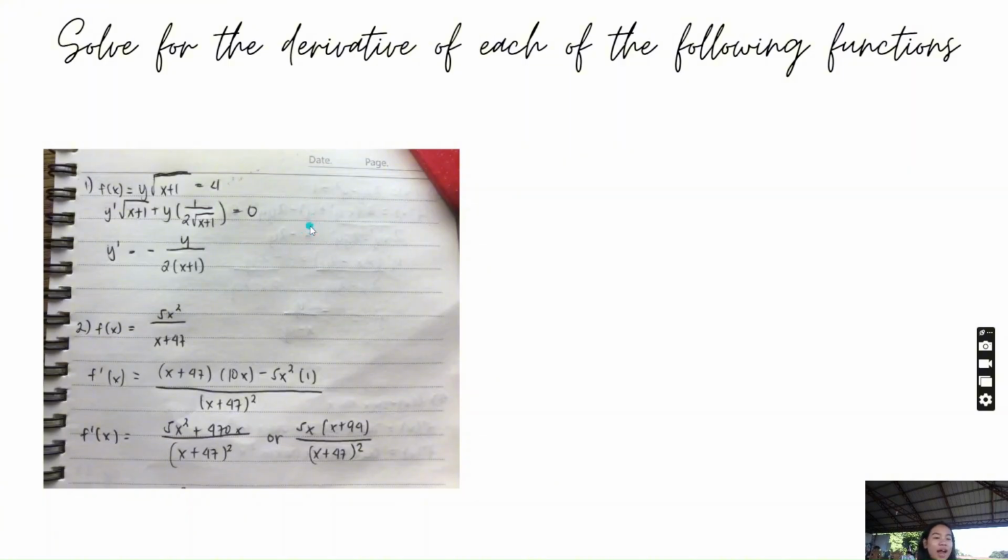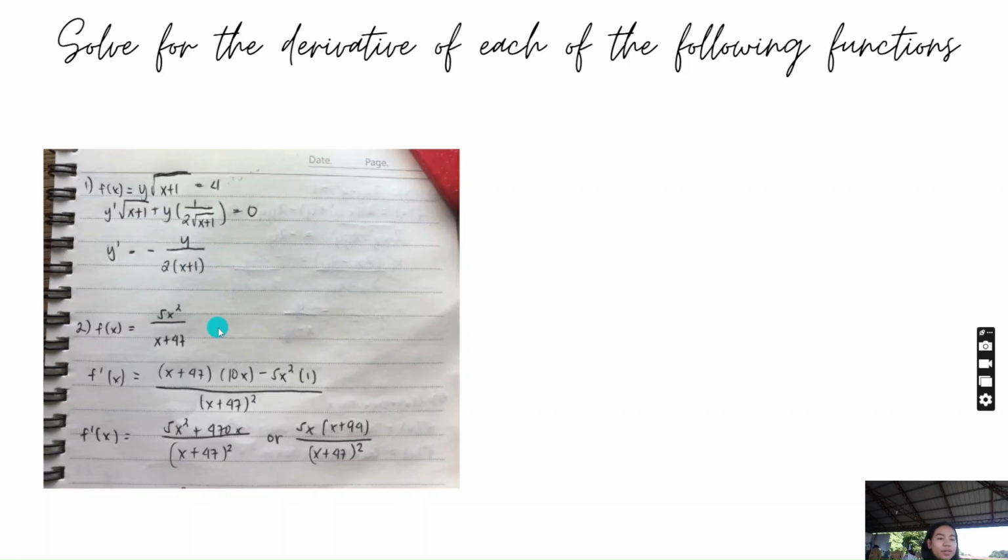And then in order to totally isolate y prime, all we need to do is divide by the square root of x plus 1. By dividing this, we have obtained negative y all over 2 times the square root of x plus 1.